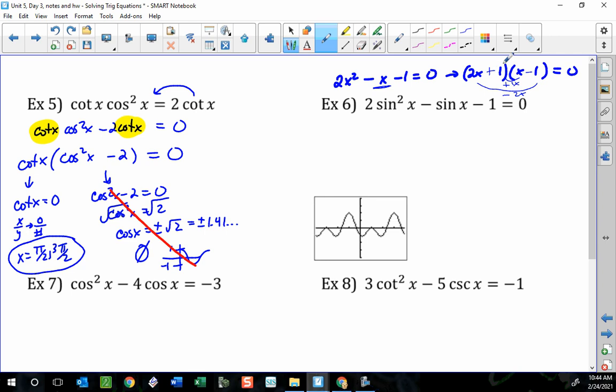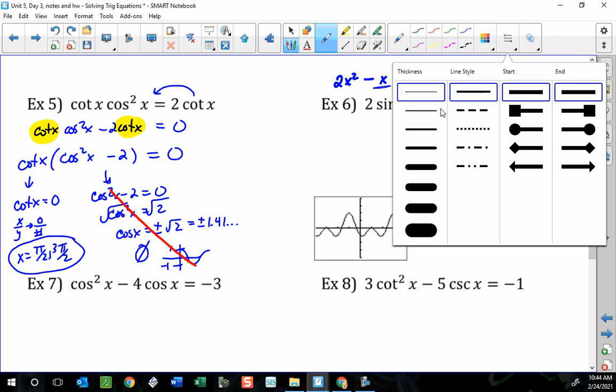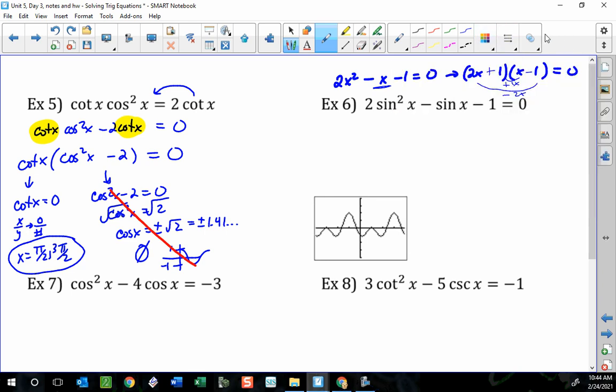Now that we have it factored in this back in our algebra world type of factoring, I know that the sine x is just in place of this x right here. So I just go back to sine x plus 1 and sine x minus 1 equals 0.